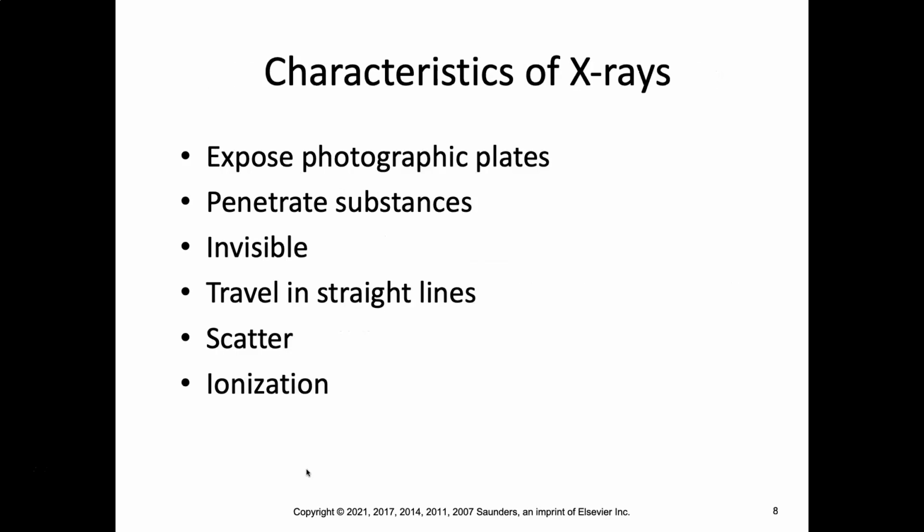So what are some characteristics of x-rays? I will tell you that the old x-rays, like old photographs, if you've ever heard of a Polaroid camera, those are very, very rare in hospitals and healthcare places, clinics, you name it, today. Everything is electronic. Everything uses what's called a PACS system.